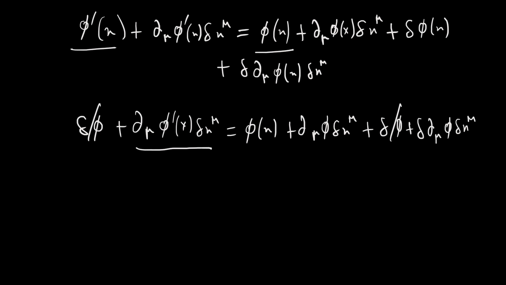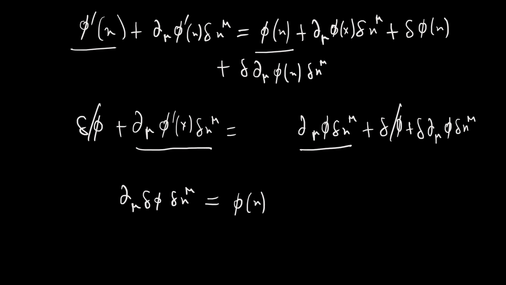So we can write, instead of these two terms, we can write del mu delta phi delta x mu is equivalent to, oh sorry, this phi of x was gone.